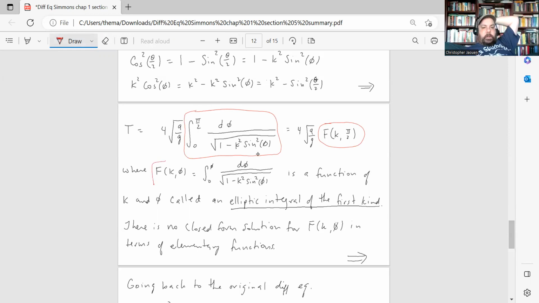So this is what an elliptic integral of the first kind looks like. Okay, now the reason that we're writing it like that is because elliptic integrals don't have closed form solutions in terms of elementary functions. There are numerical ways of finding values of the elliptic function, but there is no closed form solution to those integrals.